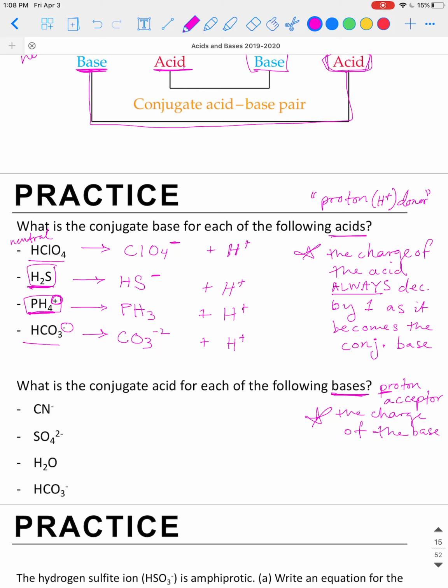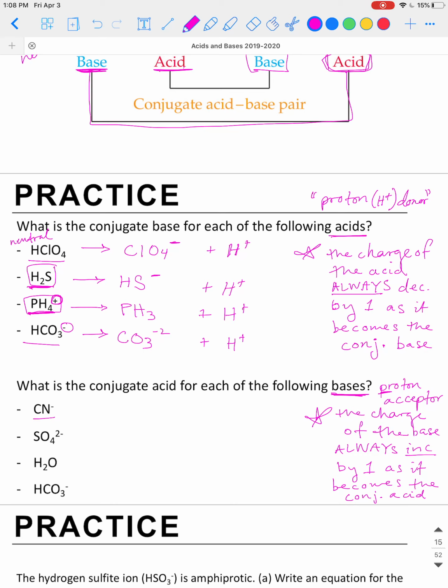The charge of the base, capitals, always increases by 1 as it becomes the conjugate acid. Okay, those are really important to note.